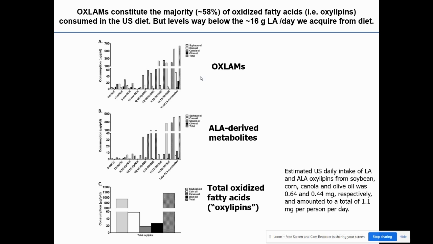Now, in 2017, we found that OXLAMs make up the majority, up to around 60%, of oxidized fatty acids consumed in the US diet. But I just want to point out that the absolute concentrations are much lower compared to how much LA we get in the diet.